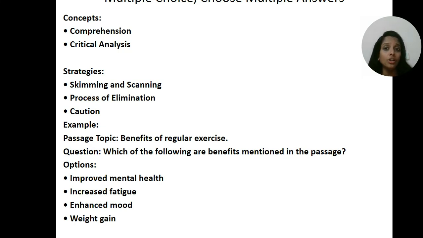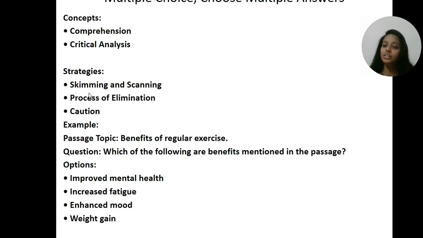The concepts are comprehension and critical analysis. So when we are talking about comprehension, it's about understanding the main idea, and also you need to understand the supporting details, right? And critical analysis, that means evaluating which options are correct based on the passage that is given.